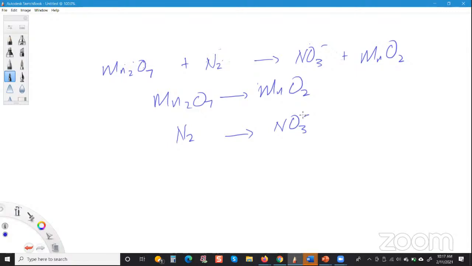Balancing. Balancing what specifically? The MnO2 on the right to the Mn2O7 on the left. So how do you balance the manganese?